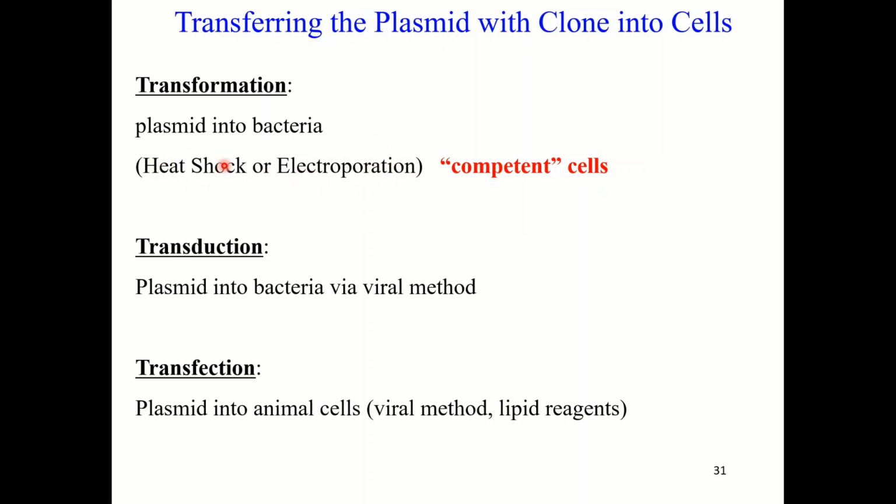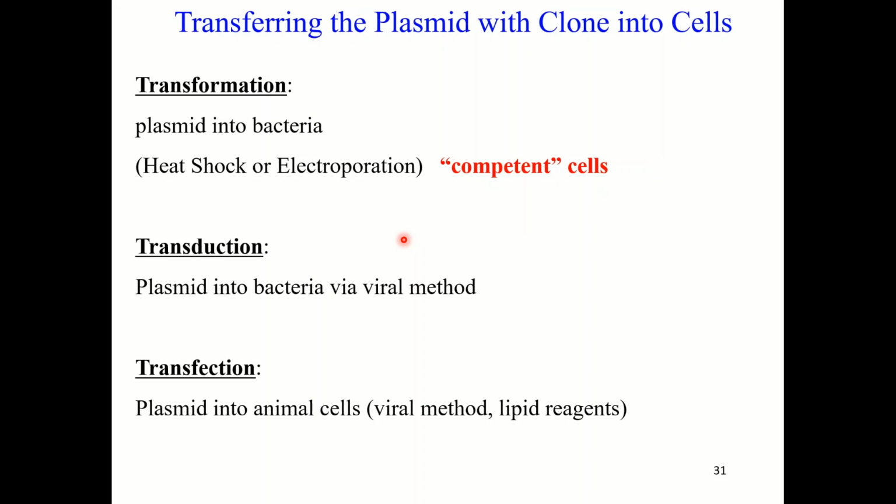Probably more commonly heat shock, right? You just put your cells and your plasmid together, put it at 40 degrees Celsius for like 30 seconds and then take it out. And that's enough of a shock to get some of that DNA into your cells. Those kind of bacteria cells are referred to as competent cells. That means they can take up plasmid DNA.